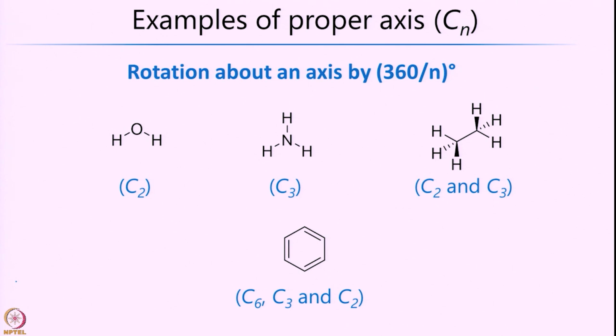So, if I draw the benzene again here, assume it is symmetrical, or the bond lengths are the same, I can come up with an axis which is perpendicular to the plane of the screen.